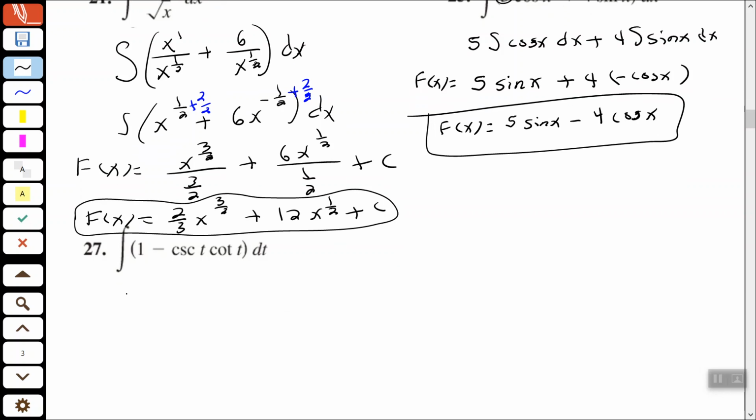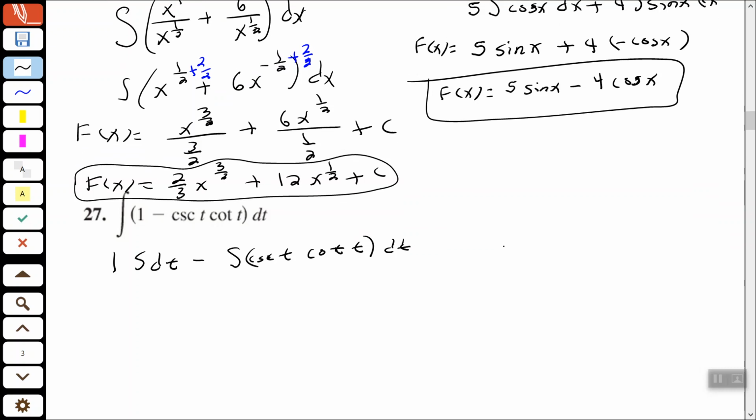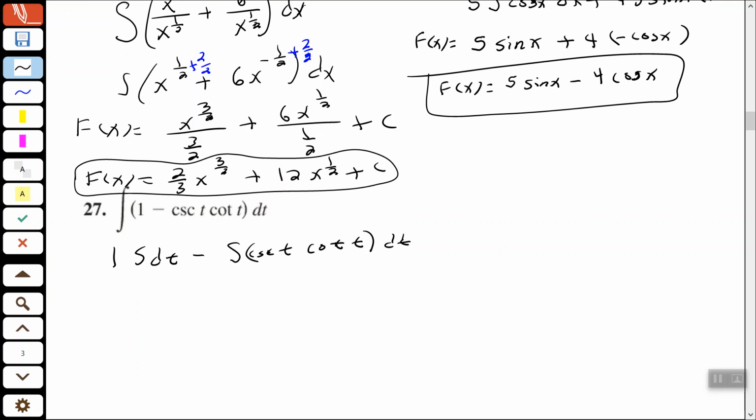So we have the integral of 1 dt, and since that's just a regular number, we'll just say 1 times the integral of dt minus the integral of cosecant t cotangent t dt.